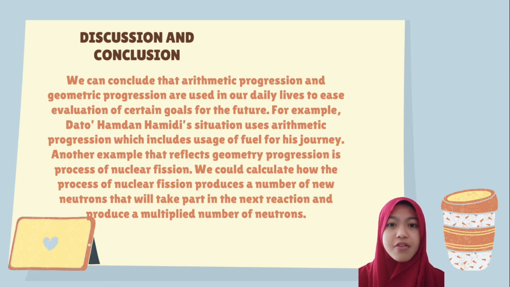Another example that reflects geometric progression is the process of nuclear fission. We could calculate how nuclear fission produces a number of new neutrons that take part in the next reaction and produce a multiplied number of neutrons.